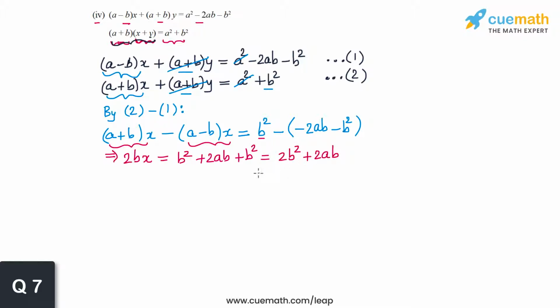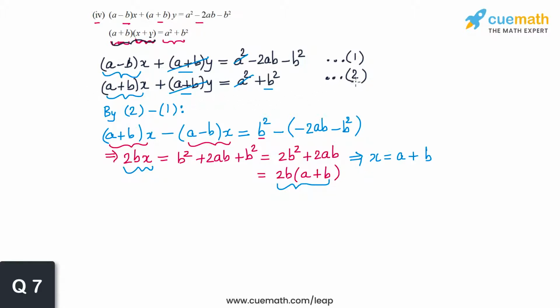So I can actually take out a common factor of 2b, and that will leave me with a plus b. So I get 2bx is 2b times (a plus b). If I cancel out the 2b factor, which is common on both sides, I can conclude that x is equal to a plus b. So this is what I get as the value of x.